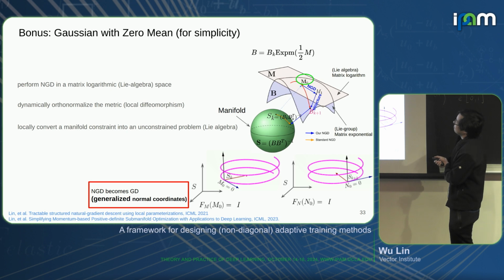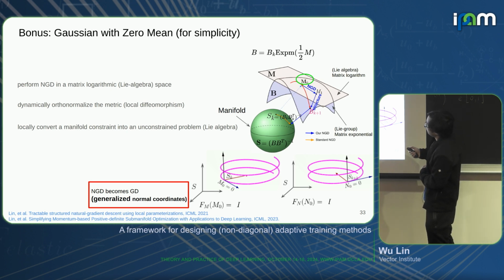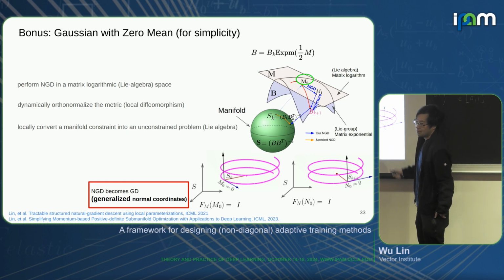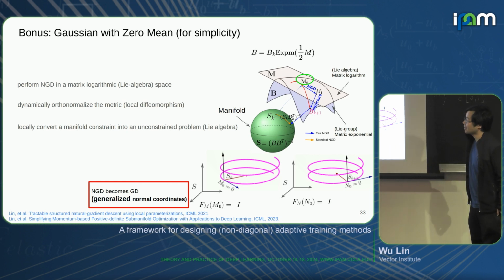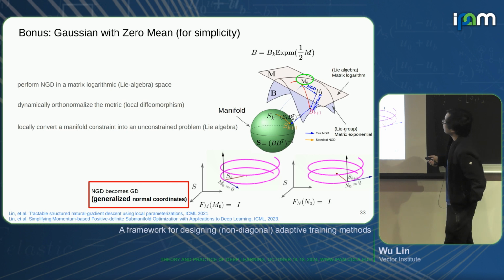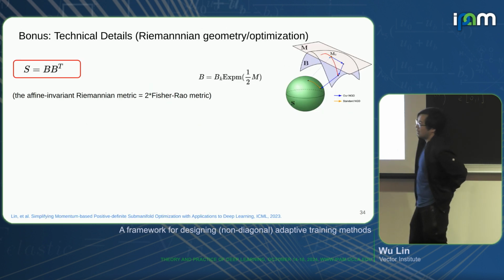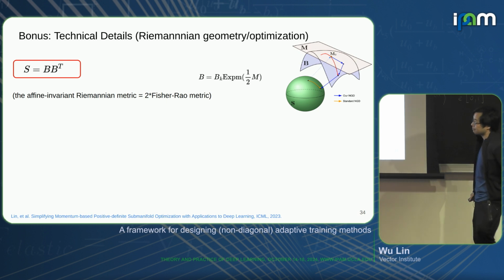The key idea, and why this is important, is that now we assume S is a dense matrix, but we can also introduce sparsity. We can consider structured matrices because B can be a subgroup of the general linear group. Then you can introduce structures, and this naturally links to Riemannian geometry and Riemannian optimization.